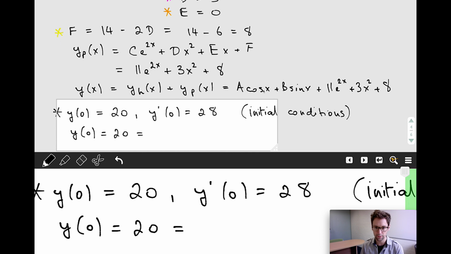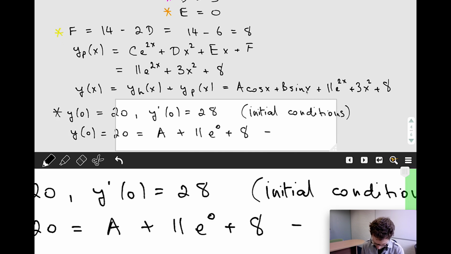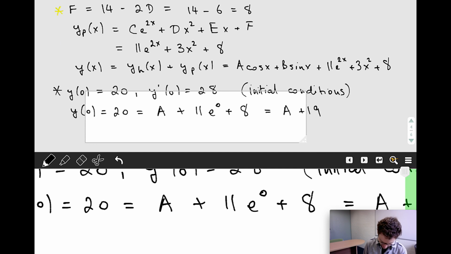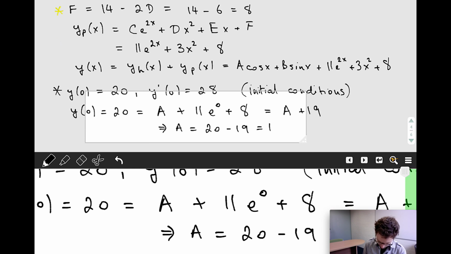So I've got a times cosine of 0, that's a times 1, plus b times sine of 0, which is 0, plus 11 e to the 0, plus 3 times 0, plus 8. E to the 0, of course, is just 1, so I have a plus 11 plus 8, which is a plus 19. So that gives me that a is equal to 20 minus 19, which is 1.